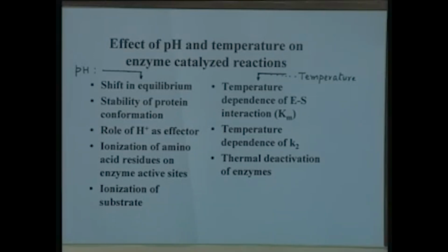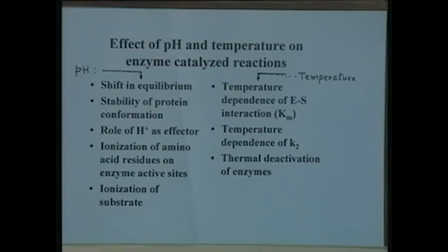Now, besides the substrate, inhibitors or activators, two major environmental parameters which constitute the bulk environment for the enzyme catalyzed reactions are pH and temperature, and today we will be looking at these environmental parameters and how they influence enzyme catalyzed reactions.